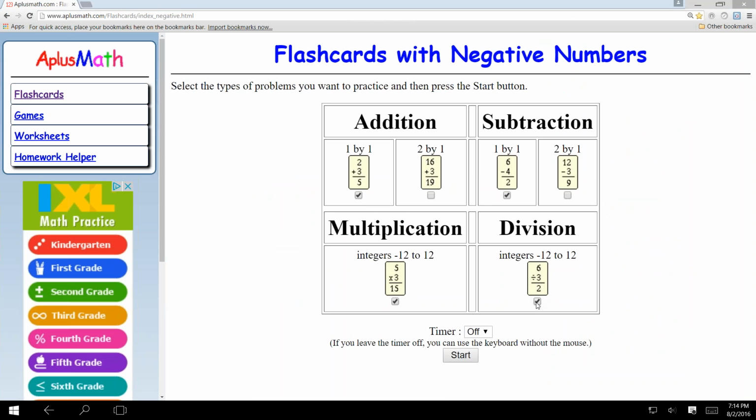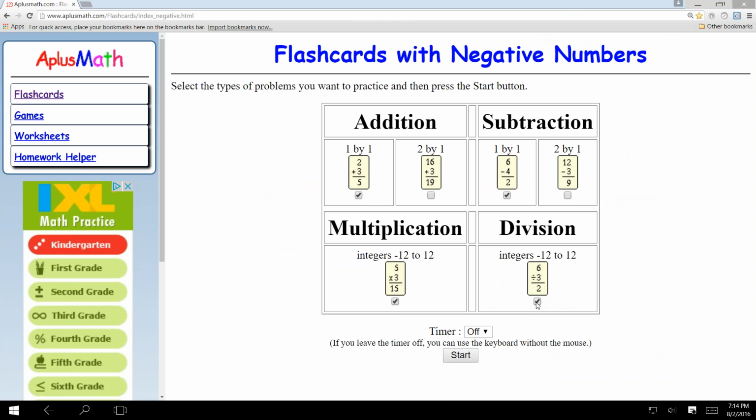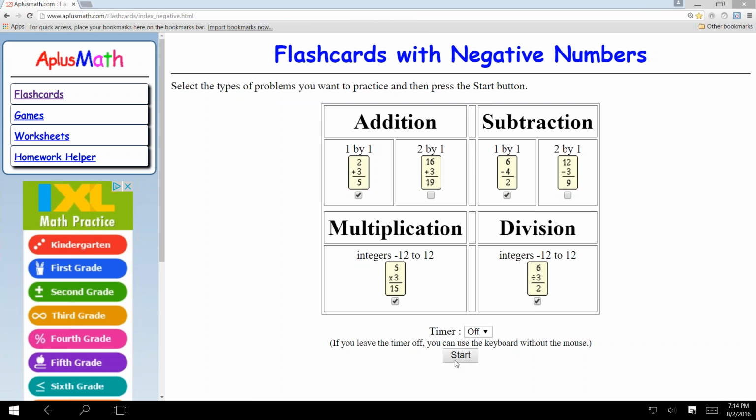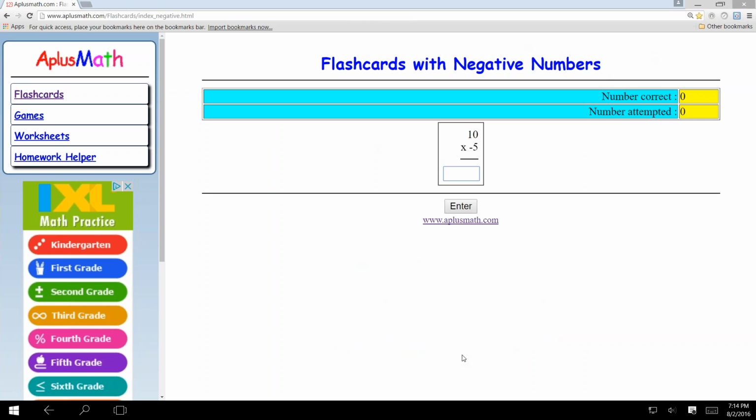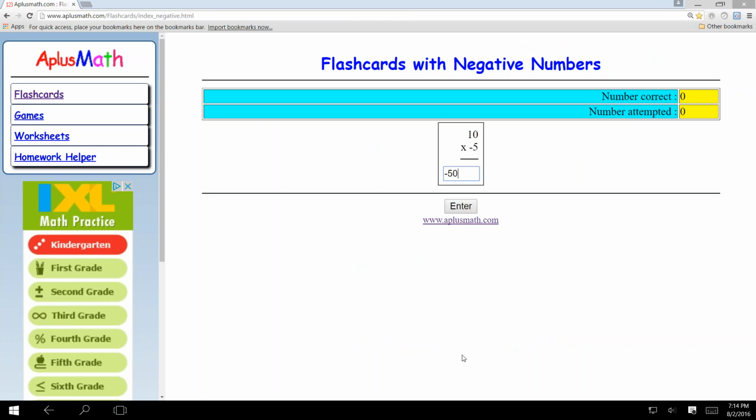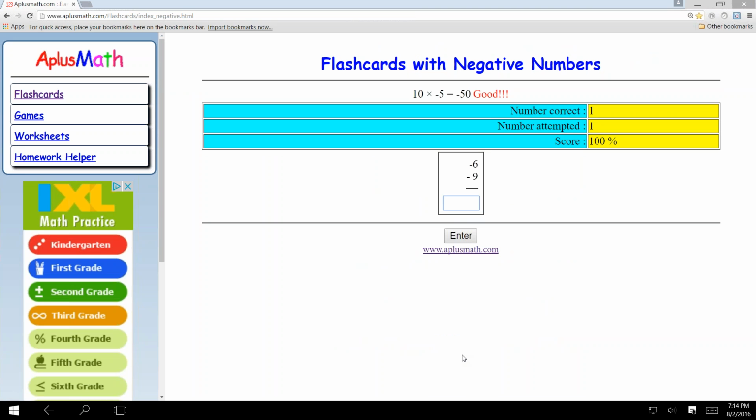I gotta get my keyboard for this. You holler out the answer, I'll write it in. Negative 50. Oh, 3. So positive 3.